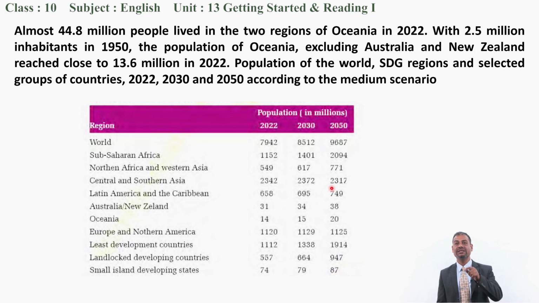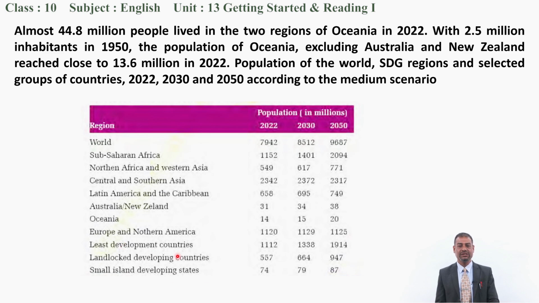Don't forget, it is in million. Now Latin America and the Caribbean, you can see here 2030, 2050. Then Australia and New Zealand, you can see the number in 2022, 2030 and 2050. Likewise, Oceania, see the number. Okay, got it? Good. Likewise, Europe and Northern America, you can see.